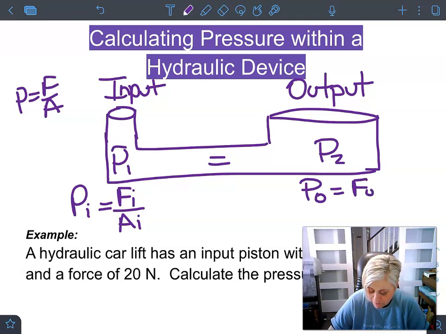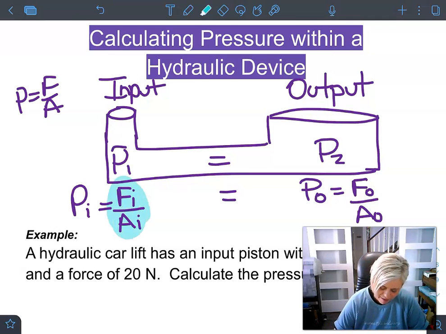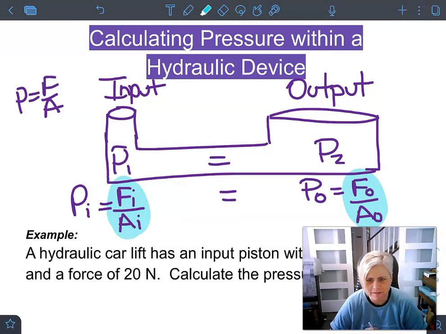I'll use force output and the area output to calculate that pressure. Pascal is saying those should come out to the equal number, and they will. So you can kind of reflect on the math here a little bit. These are essentially going to be equivalent fractions.